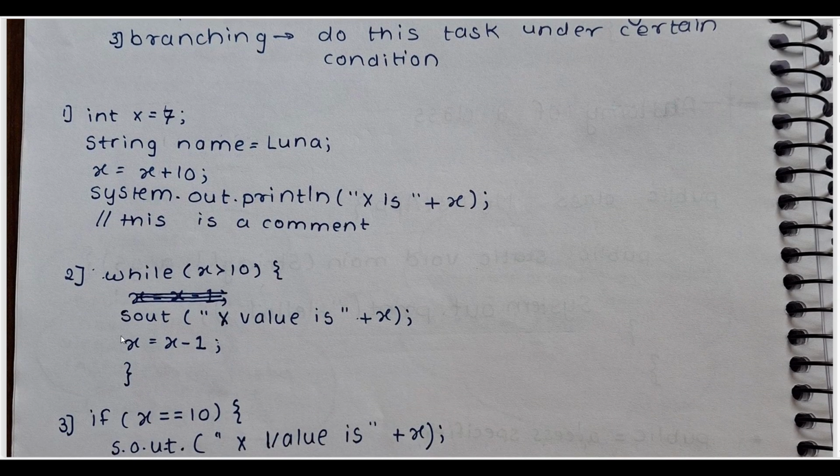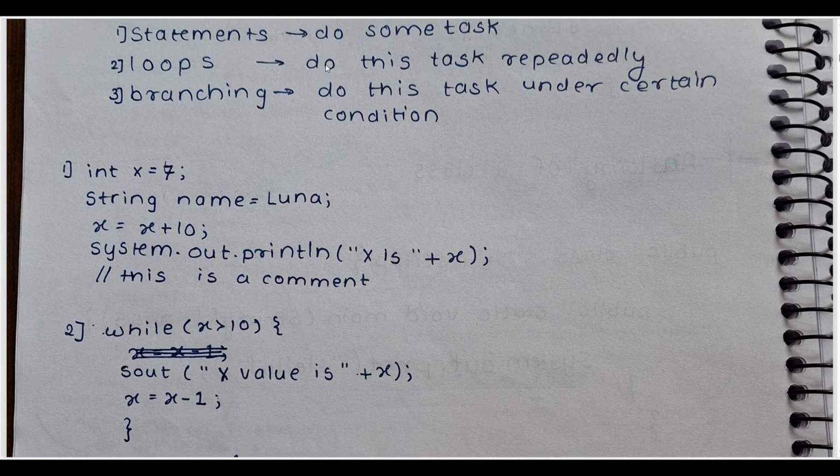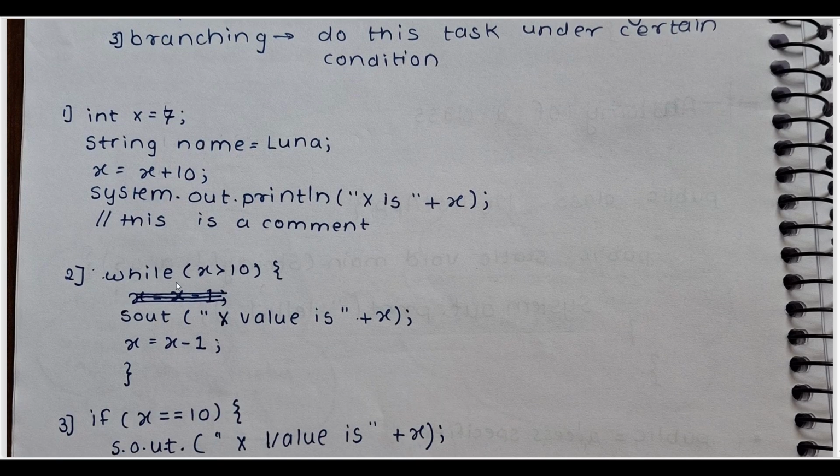Now loops. What are loops? Do a task repeatedly. If we want to do a certain task of 7 to 8 lines, or a particular set of lines of code repeatedly, like 5 times, 6 times, 7 times, we can use loops. Like here, while x is greater than 10, System.out.print("x value is " + x).